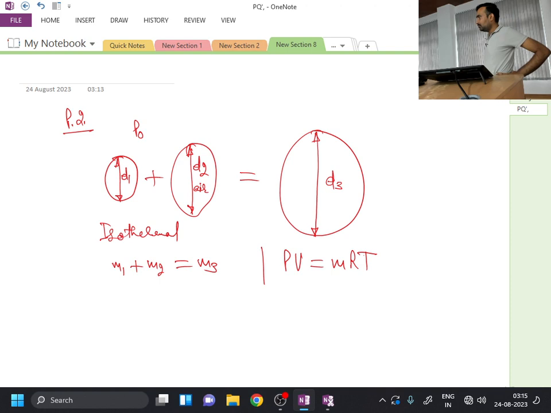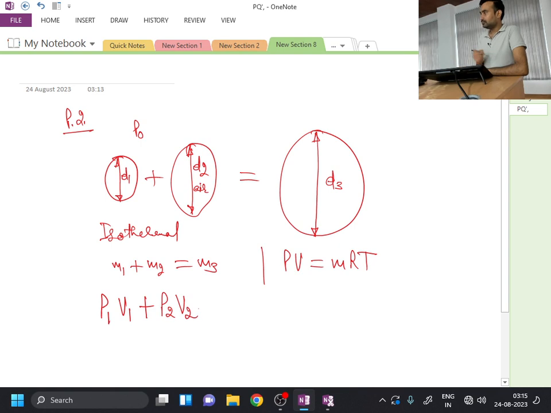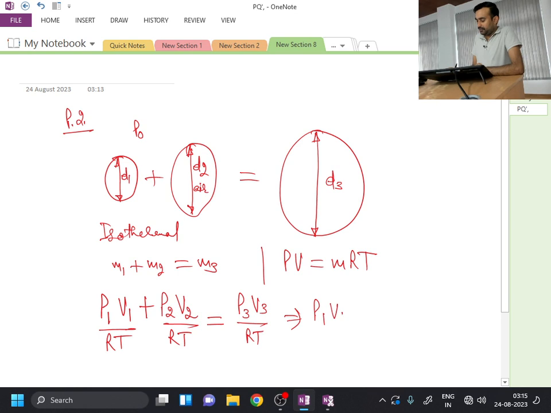Since m1 plus m2 equals m3, I can write P1 V1 plus P2 V2, because it has to be divided by RT, which is equal to P3 V3 by RT. RT cancels out everywhere, so ultimately I get P1 V1 plus P2 V2 equal to P3 V3.